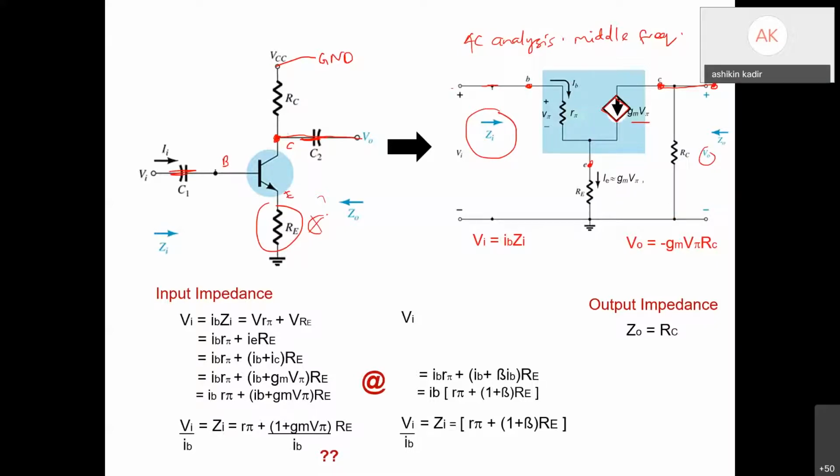At the emitter you connect RE, and your Zout is pointing to RE and RC.